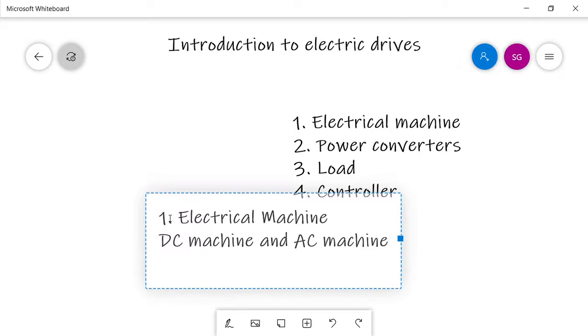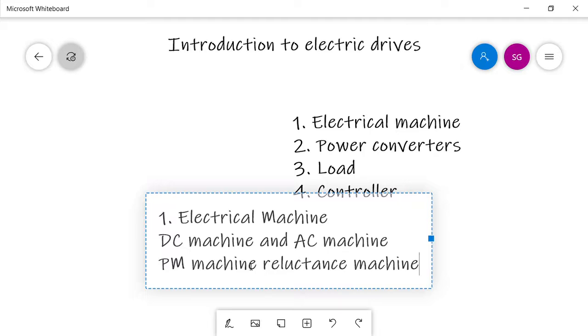Also, there are some modern machines which are coming into place, like permanent magnet machines and reluctance machines. These machines are also being increasingly used in industries. So these are the machines which we have to use.